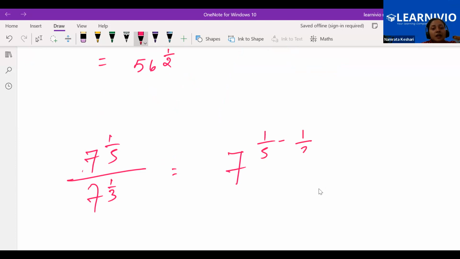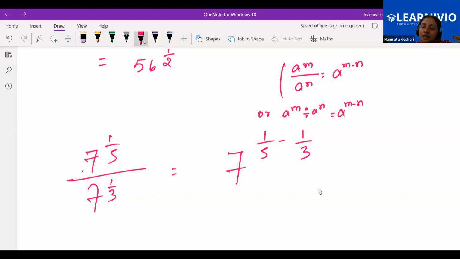The rule is a to the power m divided by a to the power n is a to the power m minus n. Getting it? Yes, ma'am.